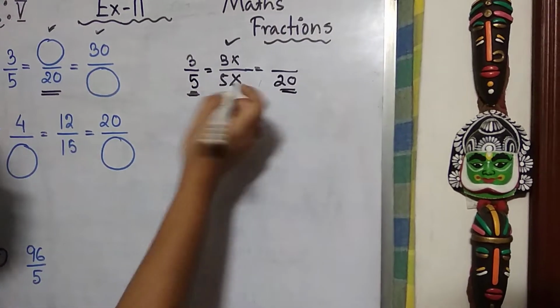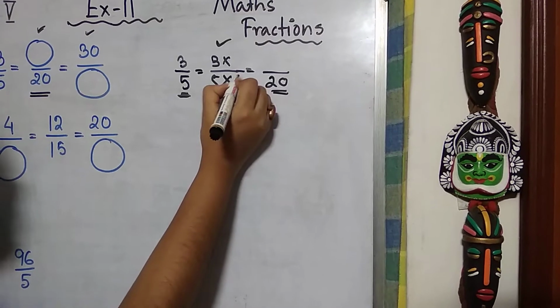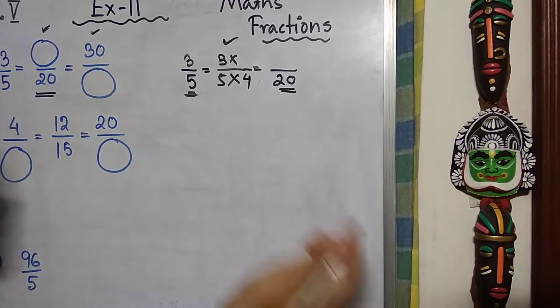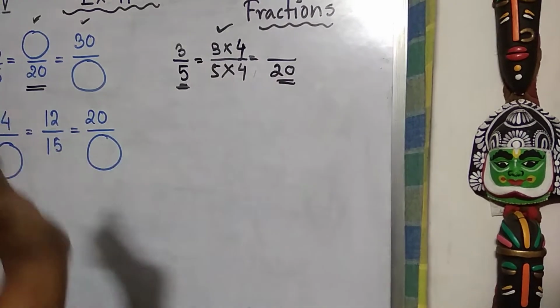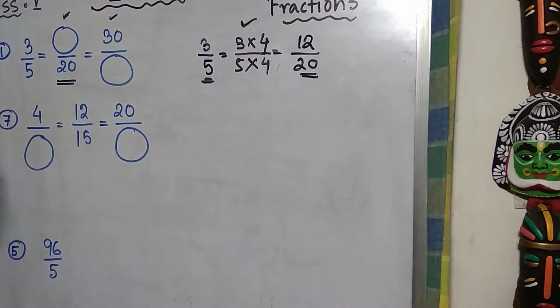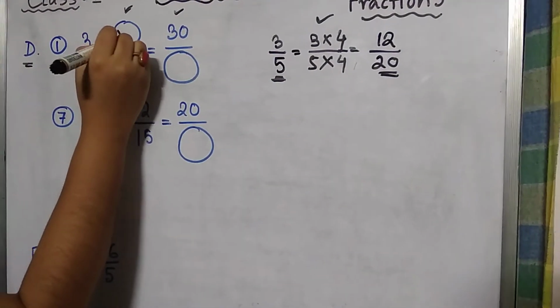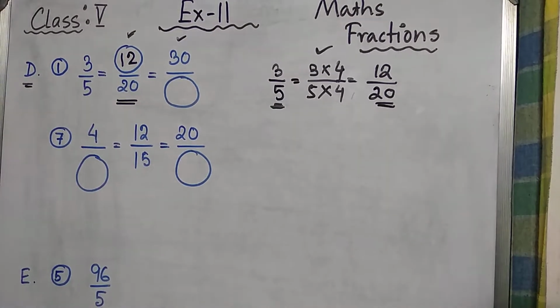What is the multiple of 5 that gives a product of 20? That is 4, right? 5 fours are 20. So 4 is multiplied in the numerator as well as the denominator. So 4 threes are 12. So we write the number 12 in the numerator.